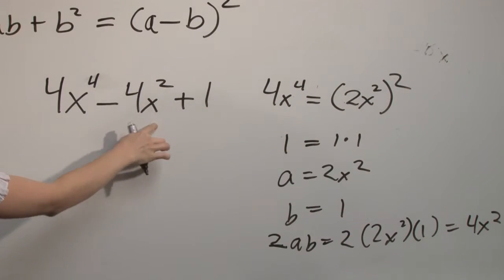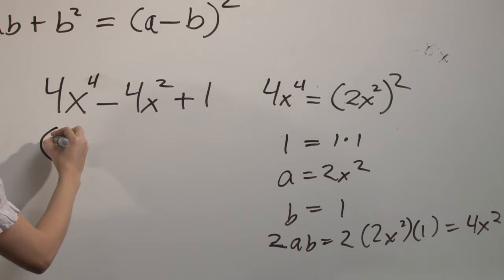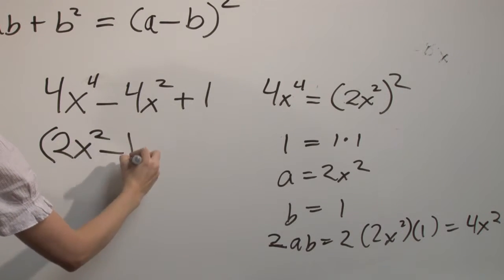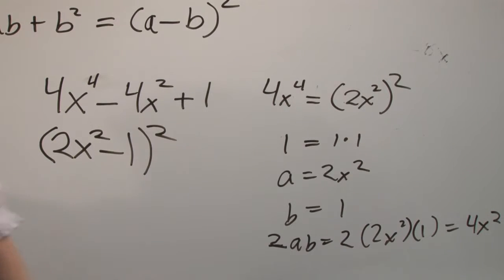So that means this is 2ab. So I'm going to go ahead and write this as 2x squared minus 1, quantity squared.